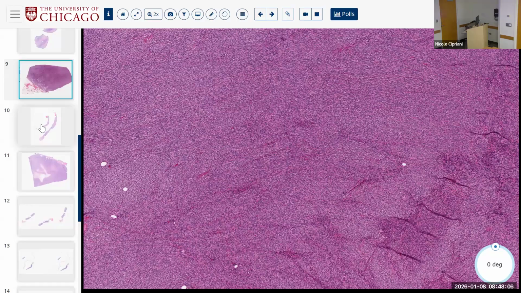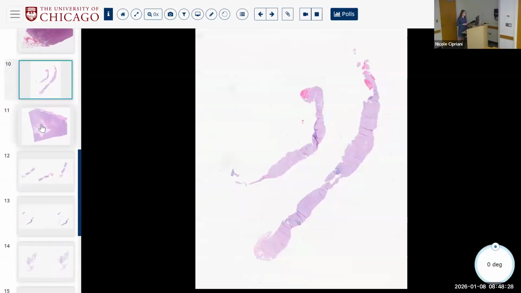Correct. Exactly. So yes, in rare cases, you can see this morphology without the fusion and without a DFSP. In that case, it would just be undifferentiated high-grade sarcoma, cellular type. But yes, if you saw the fusion, it would definitely be from a DFSP. Okay.